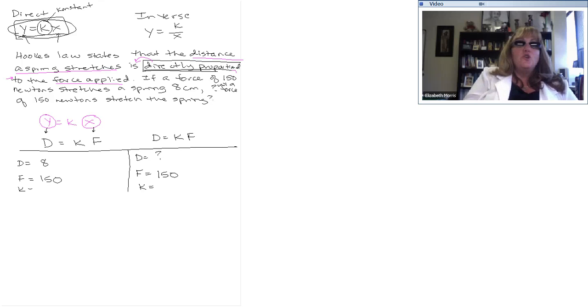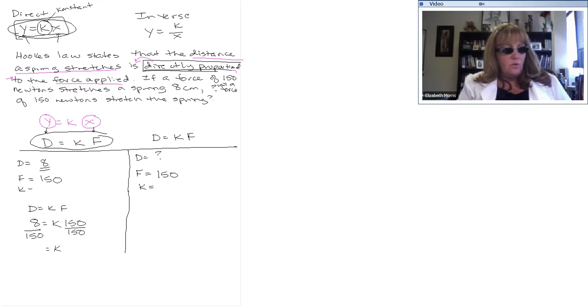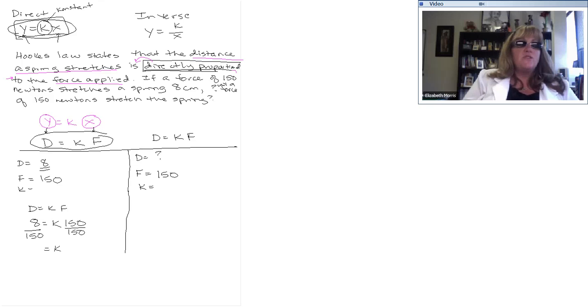Now, using this, D equals KF, I have a D, I don't have a K, and I have an F. But can I solve for K? I sure can. I can divide by 150, and I can get K is equal to 0.05. Or, let's just reduce it by 2, 4 over 75. Okay? So K is 4 over 75.